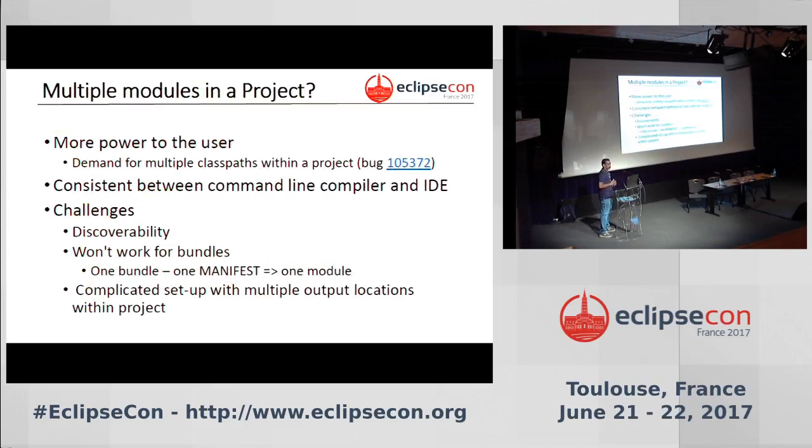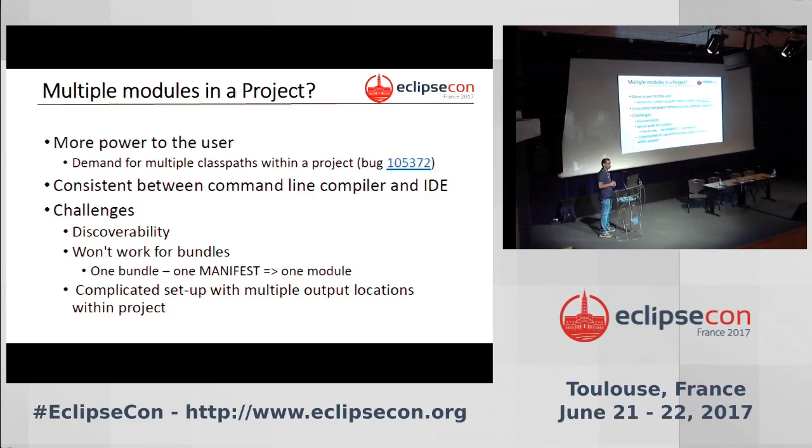Obviously, with respect to having multiple modules in a Java project, it really gives you a lot of flexibility. You can have your source module and your test module in the same Java project. And of course, the command line compiler is supposed to support that as well, and that way we will be consistent between the command line compiler and the IDE. The challenge is discoverability.